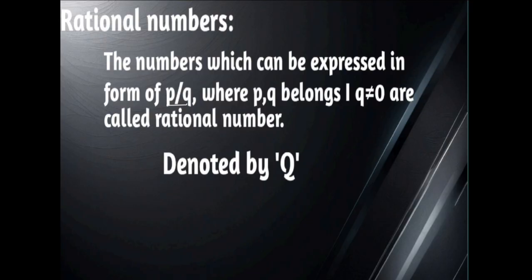These are called rational numbers, and it is denoted by Q. For example 3 by 5, 4 by 9. Numbers like these are called rational numbers.